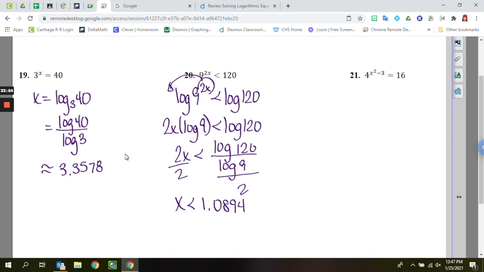Do we need logarithms? No, we do not. Will it hurt to do them? No, not really. Let's see. Okay.